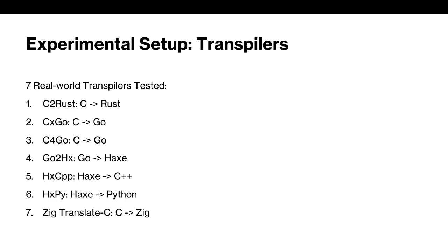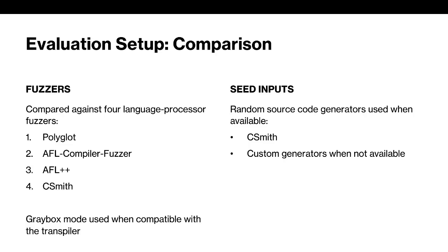C to Go occurs twice, but it's 2 different transpilers, and C to Go is a common translation target, hence why they included 2 of them. In terms of previous fuzzers that have attempted to fuzz transpilers, the authors compared against 4 language processor fuzzers: Polyglot, AFL compiler fuzzer, AFL++, and CSmith.